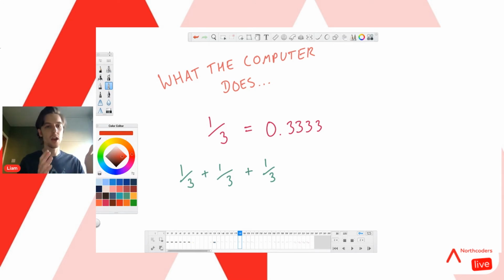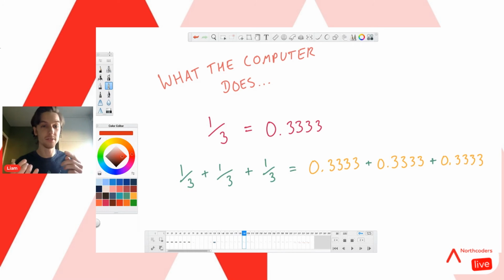So if we take 1/3 of something and 1/3 and another third, and we add those together, a human might say, okay, if you have 3/3 of something, that's a whole, right? That's just 1. But when I'm looking at it in computer terms, I get 0.3333 plus 0.3333 plus 0.3333. And you may have to take my word on this.